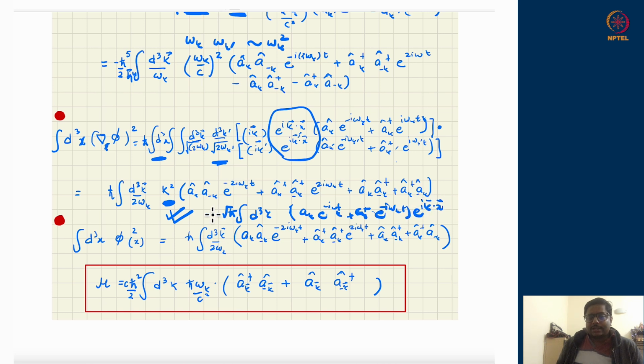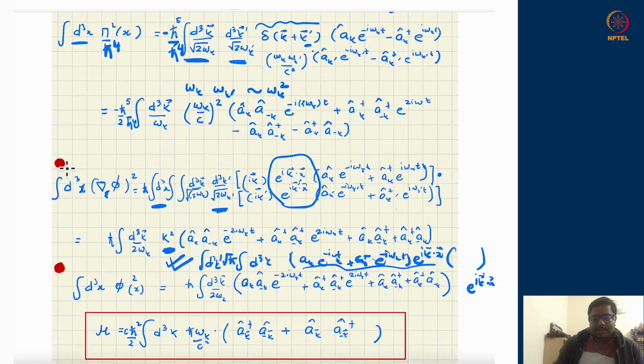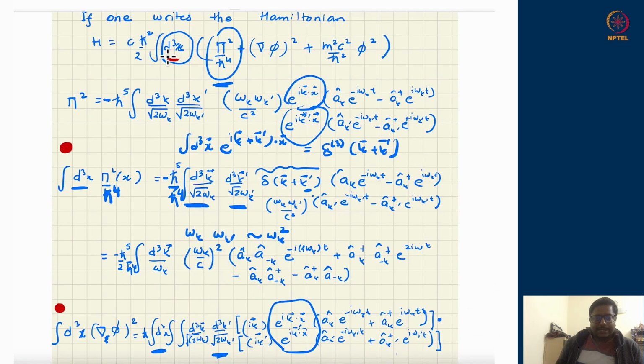And in the square, 2 times these quantities will come. So another root h bar will come, that will make h bar. Then there will be a double integral d3k primed, another factor of the same thing repeated with e to the power I k primed dot x, and do the d3x integral to that as well, which is required here.